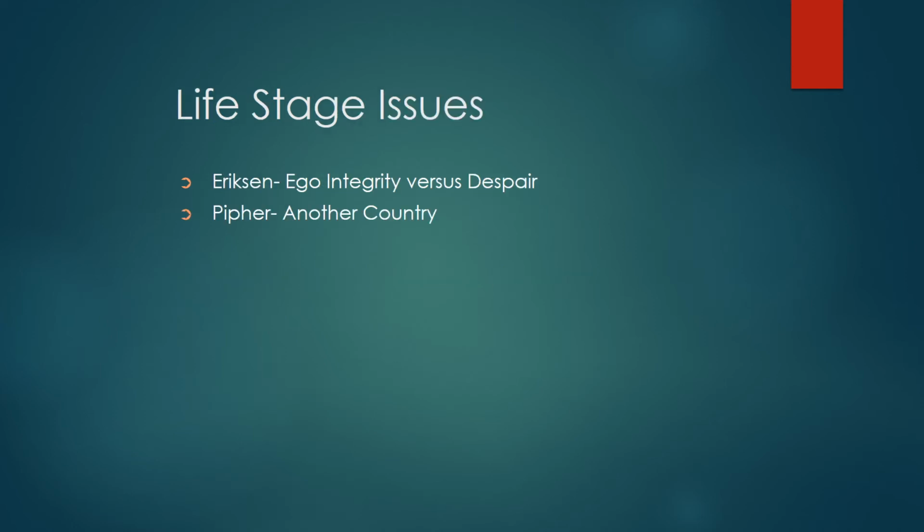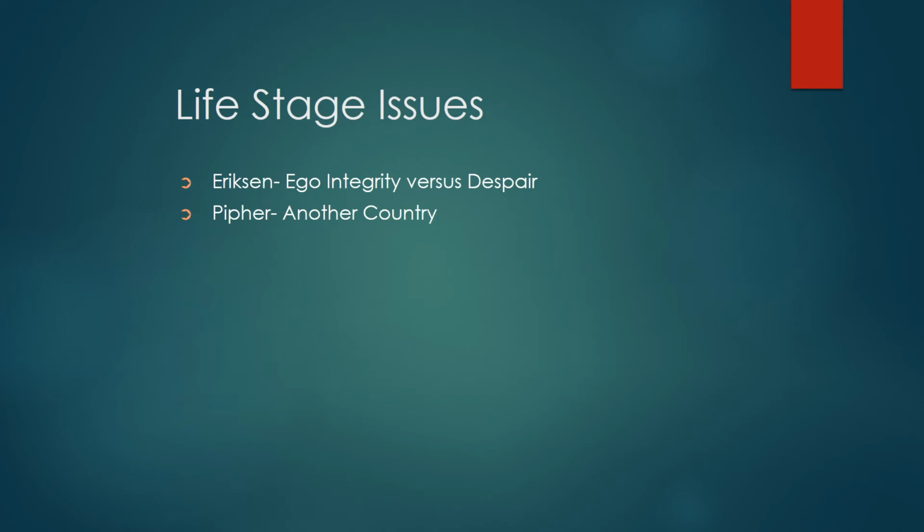Life stage issues. This is actually something that you do need to review for the nurse practitioner boards. There are sometimes things on Erikson, the 8 stages of man, as well as some other life stage issues. I think that for me, this is one of the Erikson stages that seems the most intuitive, and basically it is ego integrity versus despair.